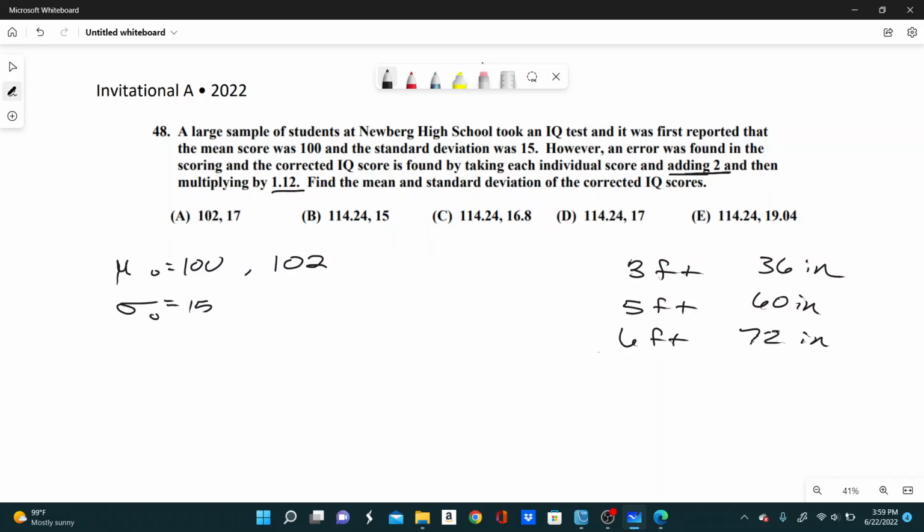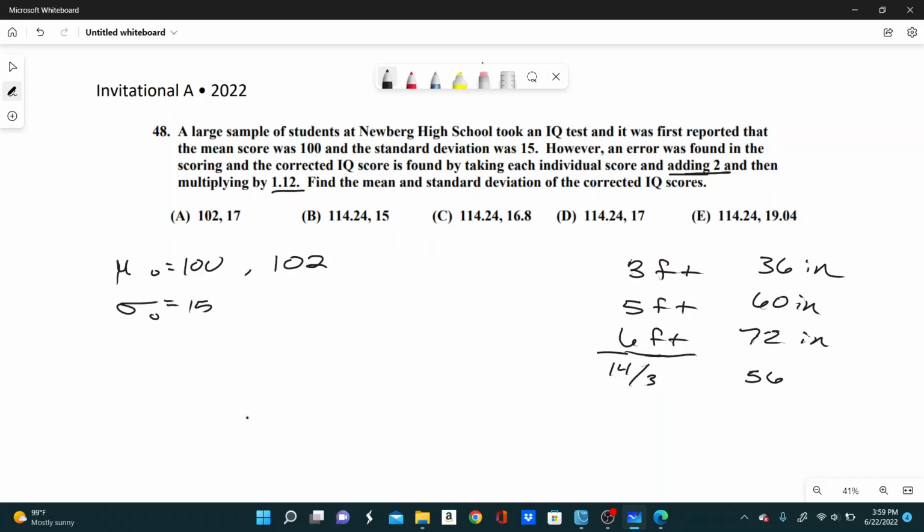The mean on the left, I didn't pick as good of numbers this time, but 3 plus 5 is 8, plus 6 is 14, so our mean would be 14 over 3. And then 36 plus 60 is 90, plus 72 is 162, divided by 3, that's 54.